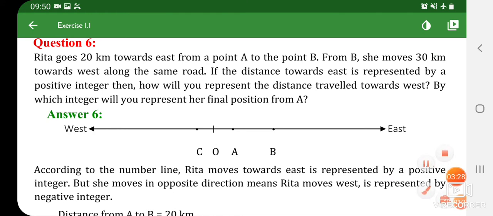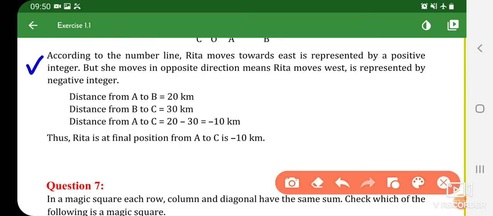So let's see the solution. According to the number line, Rita moves towards east, represented by positive integers. That means distance A to B is 20 km, distance B to C is 30 km, and distance from A to C is 20 minus 30. Because she moves in the opposite direction, west is represented by negative integers.